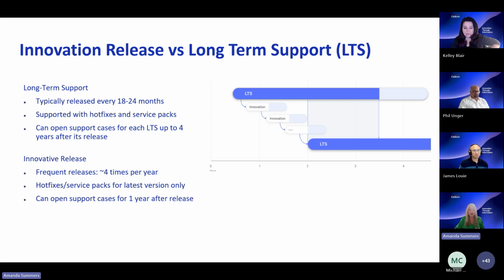However, the hot fixes and service packs are only provided for the latest version, so staying current is important, meaning you have to upgrade much more often. And the support window is shorter, so you can only get support for 1 year after each release. So really, in comparison, the LTS focuses on long-term stability with less frequent upgrades, while the innovative release provides faster access to new features.